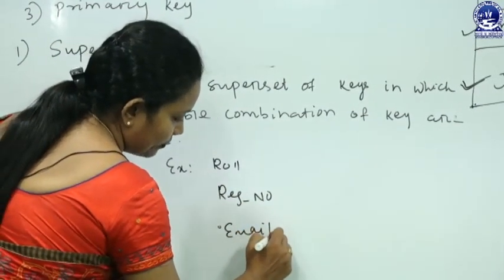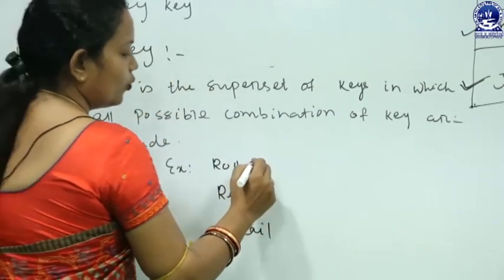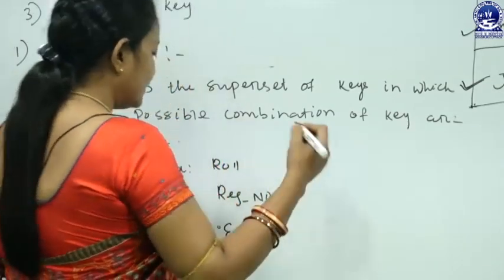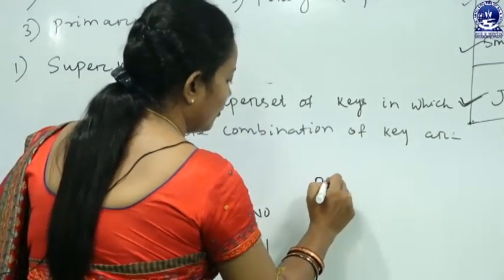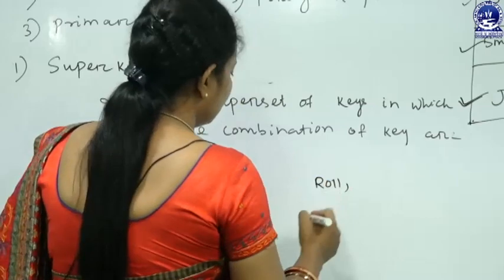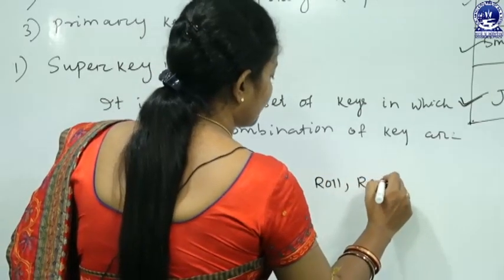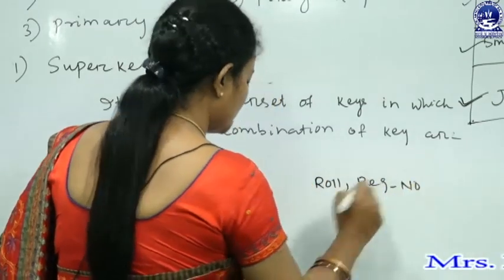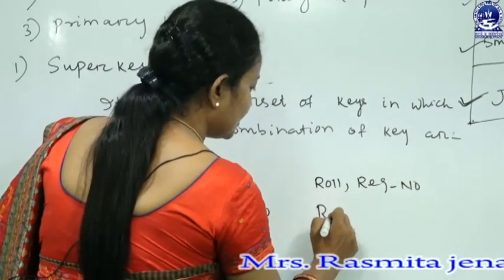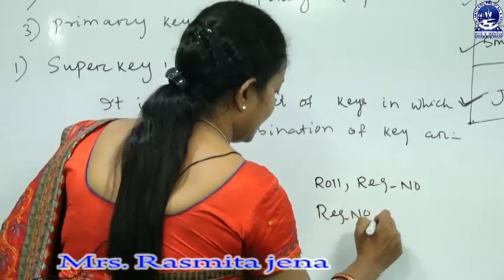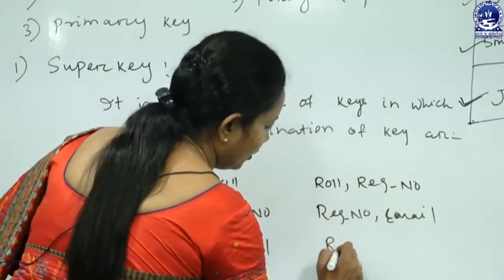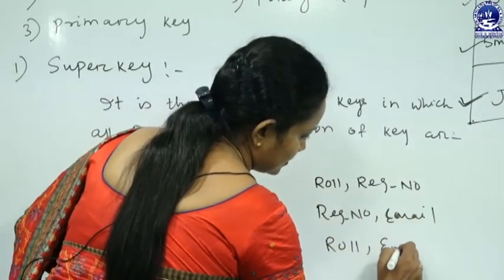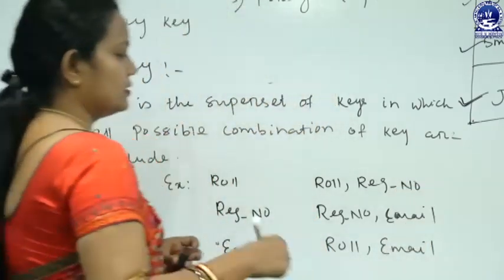And also, by combining these keys, we can form other super keys. By pairing these keys we can form more super keys: roll number and registration number is another super key, registration number and email is another super key, and roll and email is another super key.